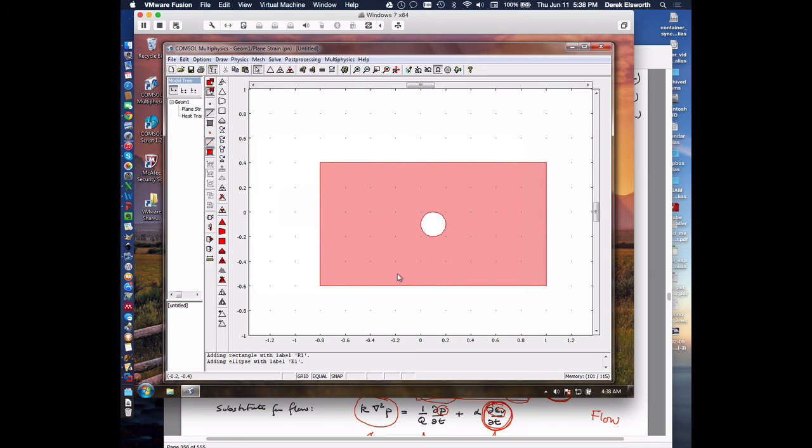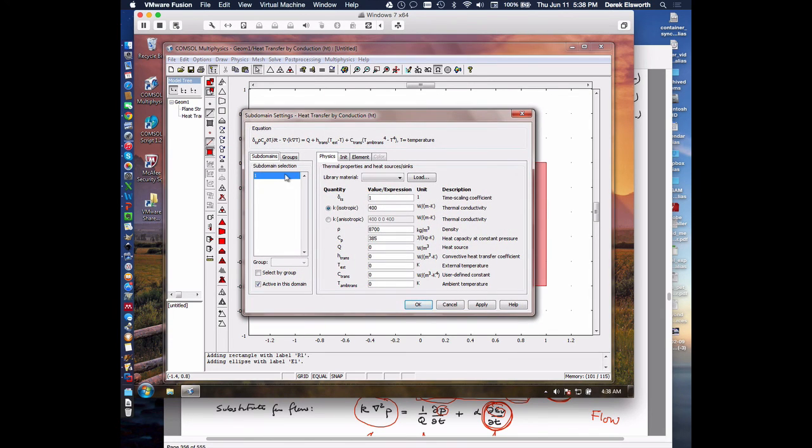Okay, and so for the other part, for heat transfer, we want again the subdomain section. And the term that we're going to have to represent is going to be the flow rate. And so the flow rate has to be, the equivalent part has to be strain, which we know exactly what it is.